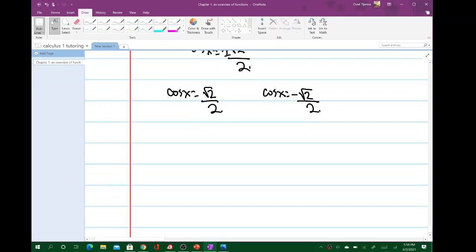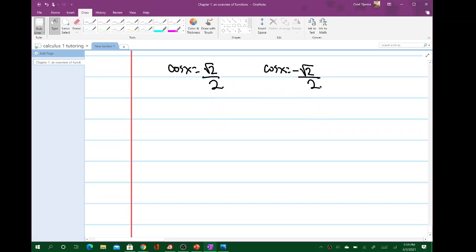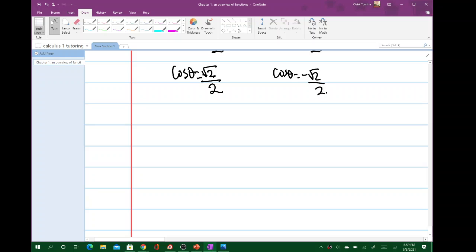And then you're going to say, for what value of x, so basically at what angle theta, if we say cosine theta equals square root 2 over 2, and cosine theta equals negative square root 2 over 2, what angle theta is going to give me an x value of both of these?